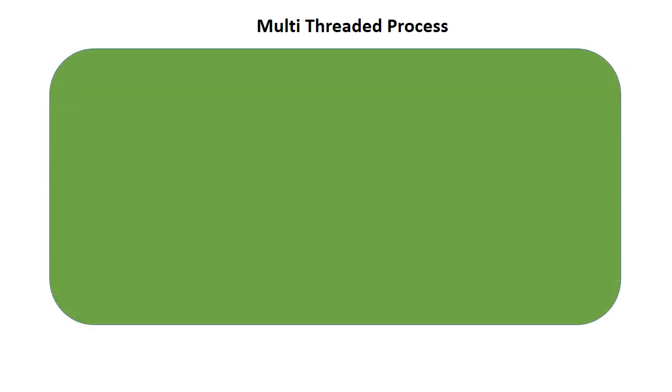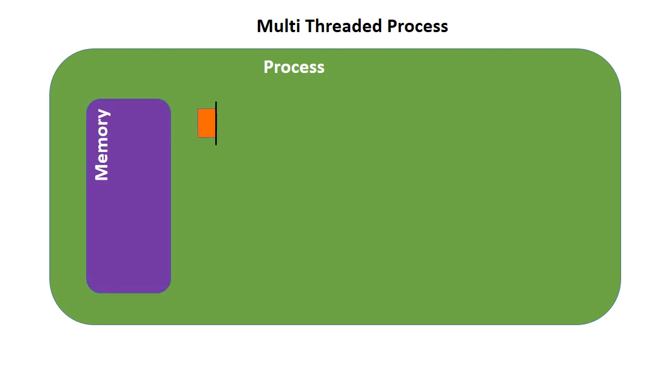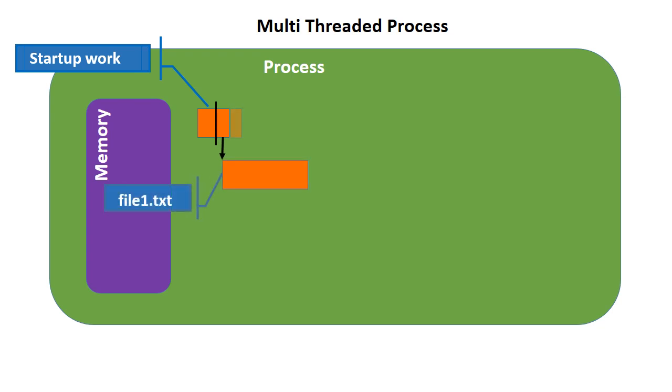There is a lot of waiting in the single-threaded, and the CPU is a multi-core CPU. To utilize the multi-core CPU, we convert the single-threaded into multi-threaded. Conceptually, a process is created, memory is allocated, main thread started, and the main thread does the startup work. Afterwards, it starts a thread that processes file 1.